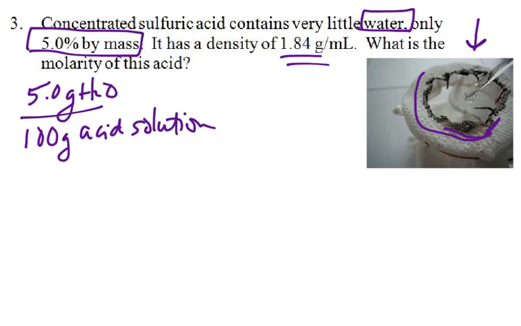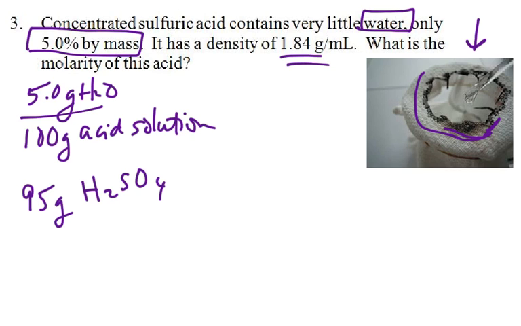Now, we can see again that we're talking 95 grams, and what is that? That is our acid, H2SO4, and I was going to call that our solute, and it's a little confusing here because we're really saying we have H2SO4 dissolved in water, but there's lots more H2SO4 than there is water. So as long as we keep track of what chemical we're talking about, we can call it a solute or a solvent.